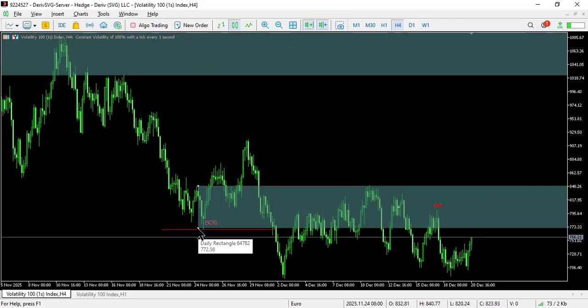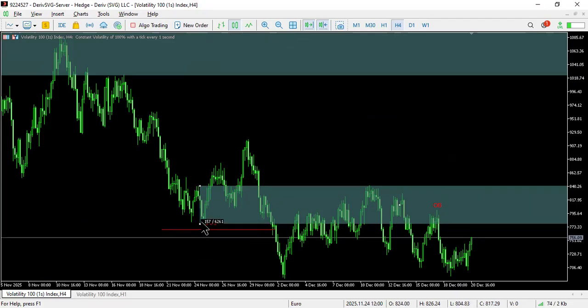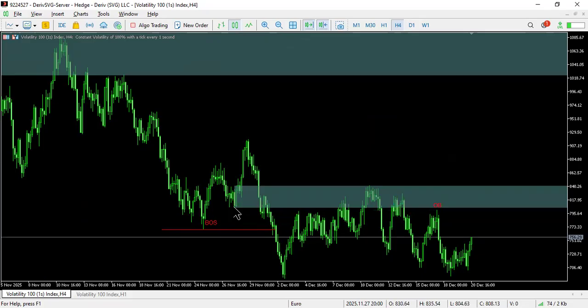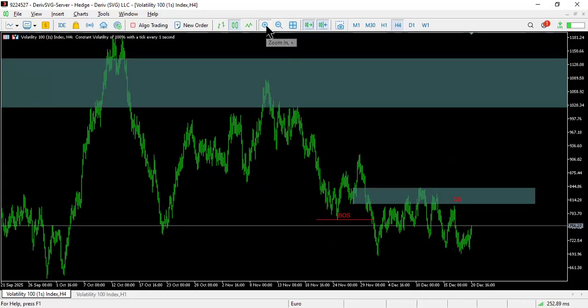And then as we can see, price has been reacting at that order block and it's looking like it's going back there again. My bias is bearish until price invalidates my order block. But for as long as price is within my area of interest, I'm still looking for selling opportunities to the downside.